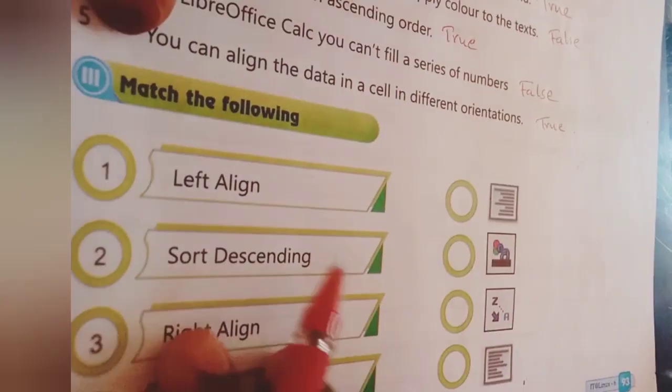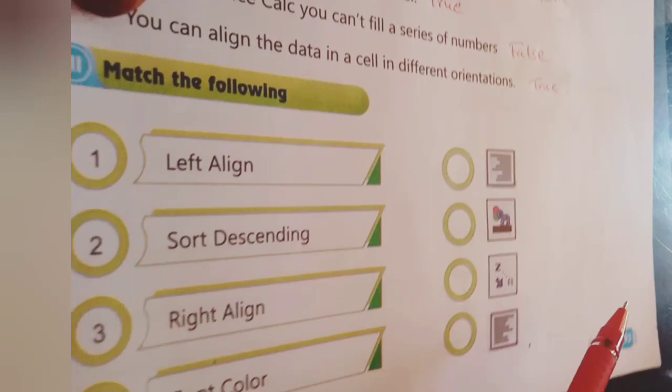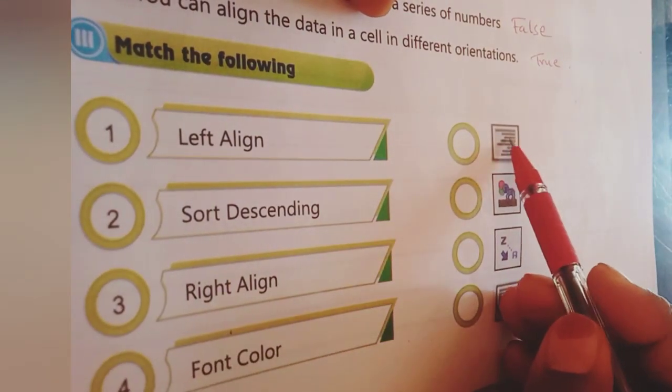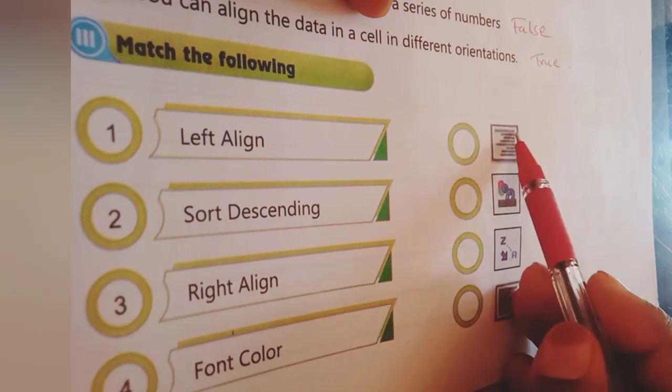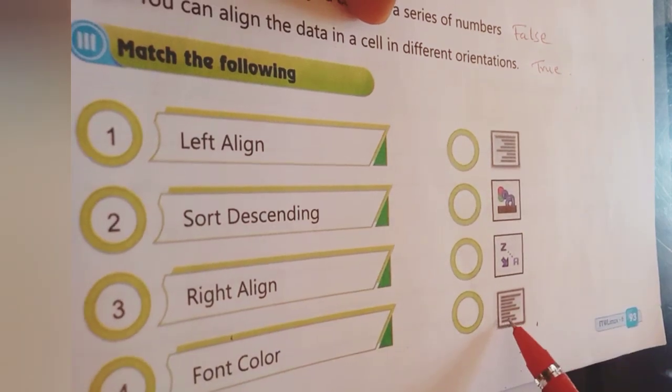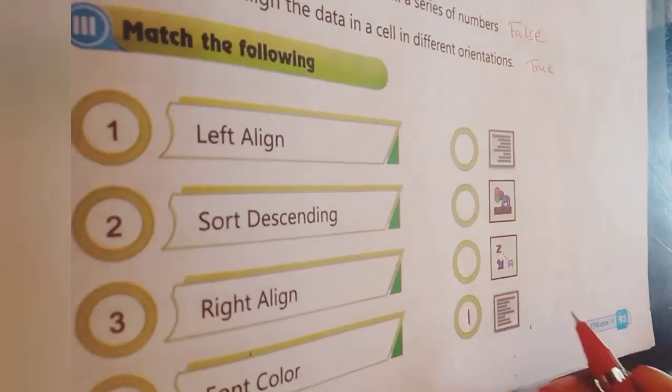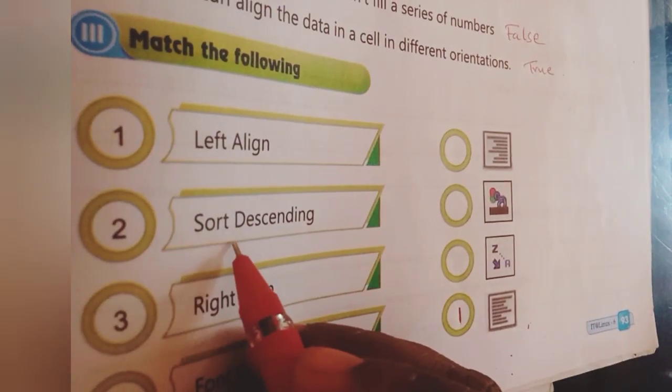Next one, match the following. Left alignment shows all the data in the left side, so left alignment goes to left alignment. Sort in descending order.